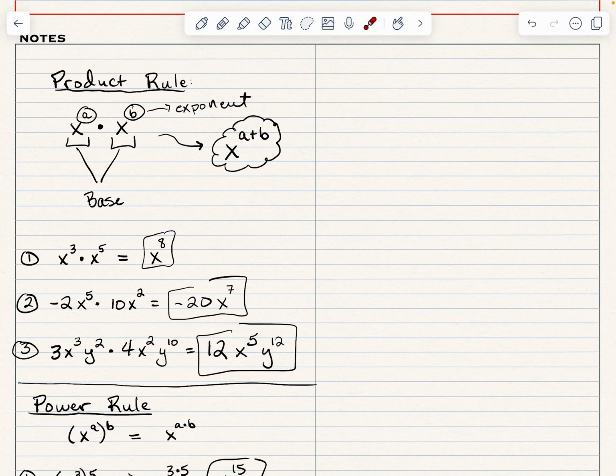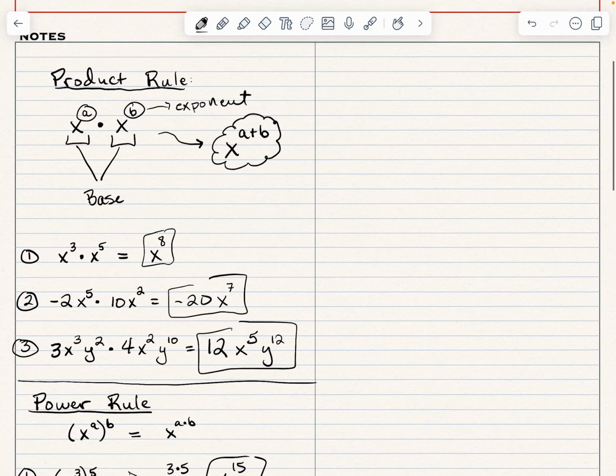Okay, let's look at now our next rule, which is the quotient rule. The product rule was when we were multiplying the same base, and the quotient rule is going to be where we divide the same base.